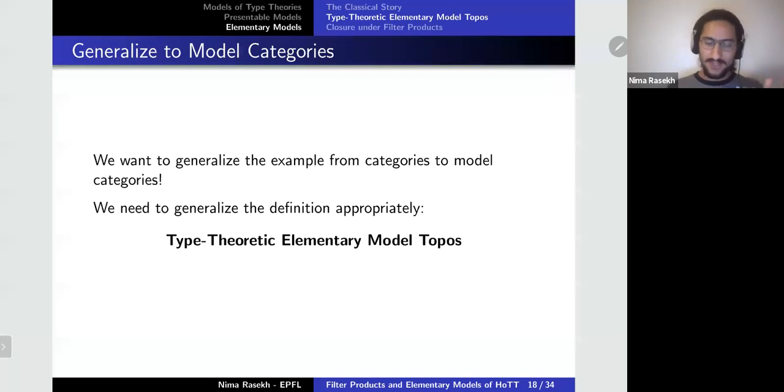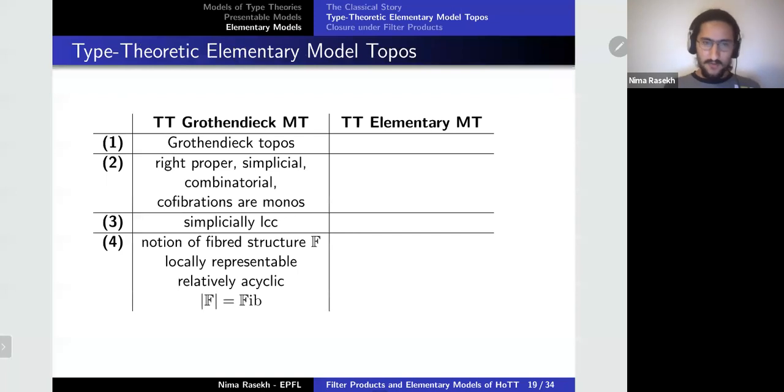So I will just give a definition that gives me the results I want, but people should interpret it as possible to modify. All I want is to take the definition that Shulman gave, the four conditions, and modify them in a way that gives me something workable that I can use in a non-presentable setting. Concretely, I have to get rid of Grothendieck and replace it with elementary.